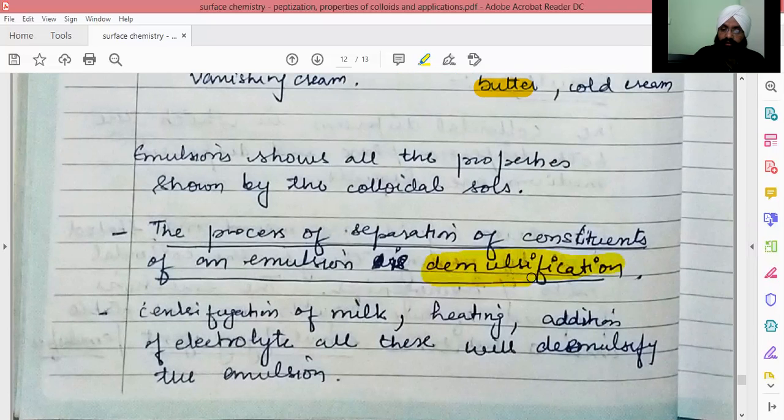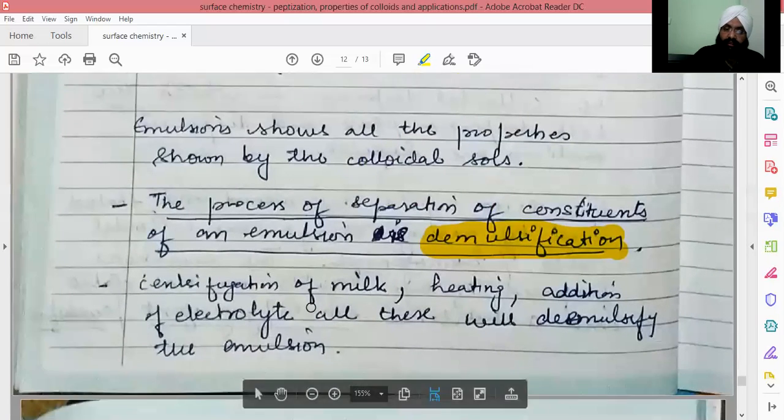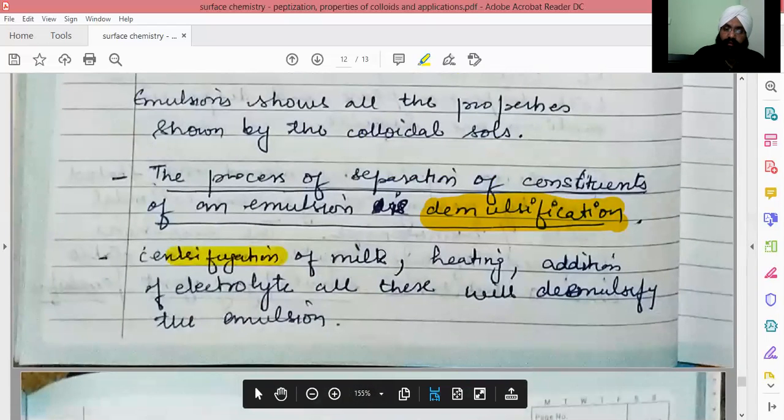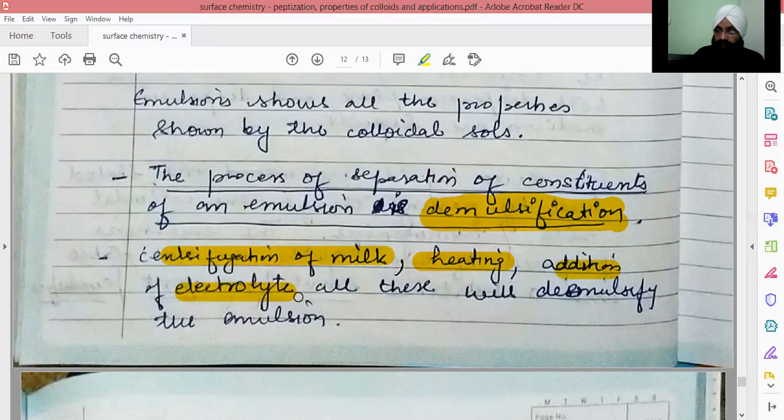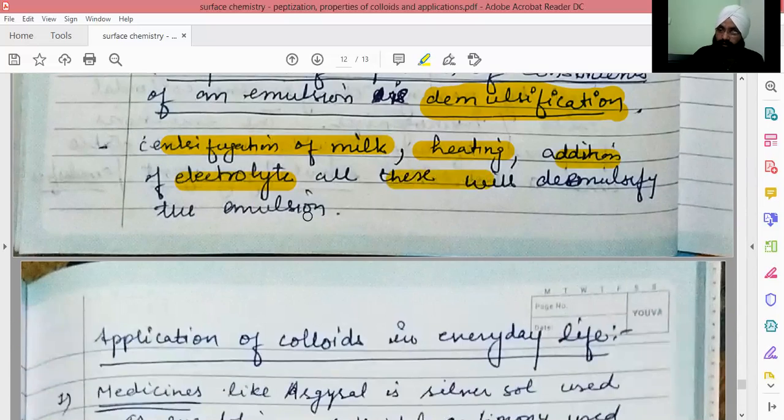Demulsification is a coagulation process, like centrifugation of milk, heating, or addition of an electrolyte like lemon. If we add 3-4 drops of lemon to milk, it coagulates and is converted to cheese. So this is the demulsification or coagulation process.